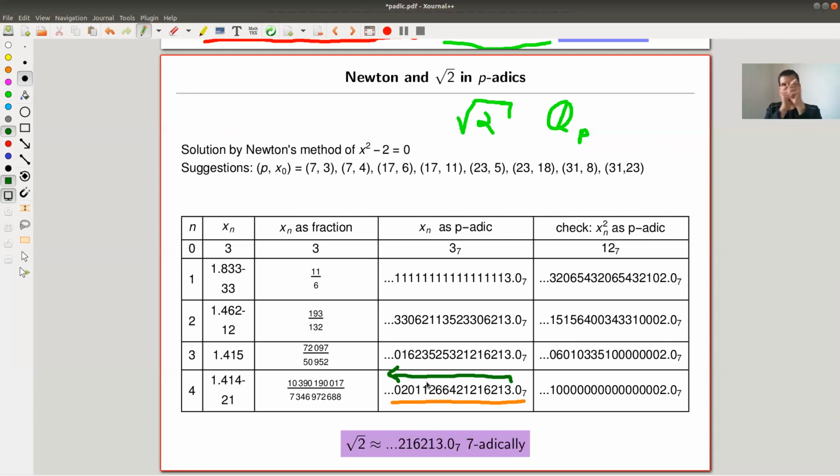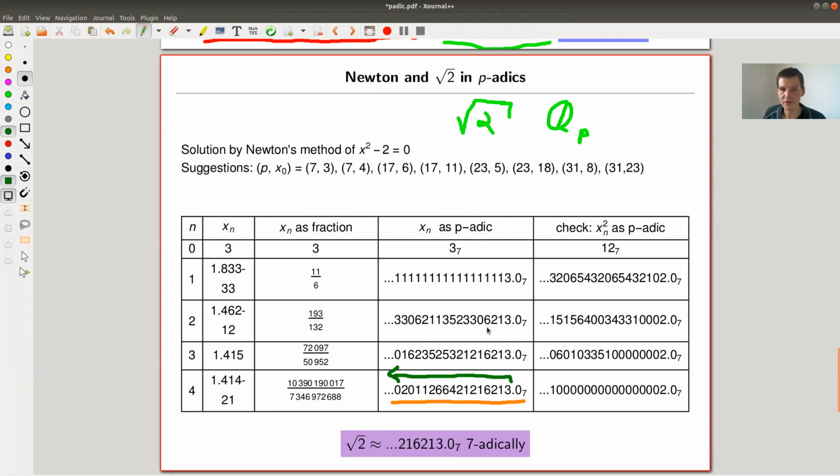It's the opposite of what you would do for a decimal expression of a real number. For a decimal expression of a real number, you would have infinite symbols to one side and finite to the other: finite symbols to the right and infinite symbols to the left. And for those p-adic things, it's different. You have finite things to the right and infinite things to the left. It's reversing everything.